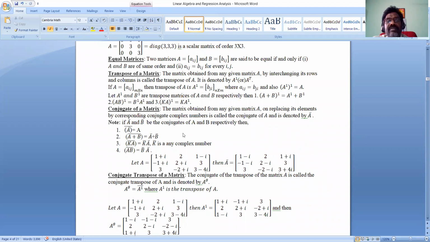Based on that concept, we replace the elements of a matrix by their conjugates. The matrix obtained from any given matrix A on replacing its elements by the corresponding conjugate complex numbers is called the conjugate of a matrix, and it is denoted by A bar, or A with an over bar.